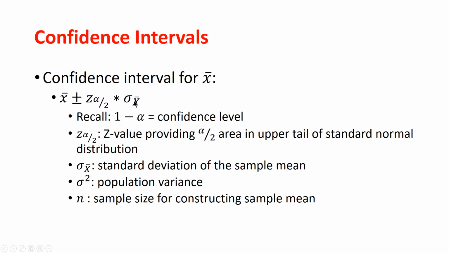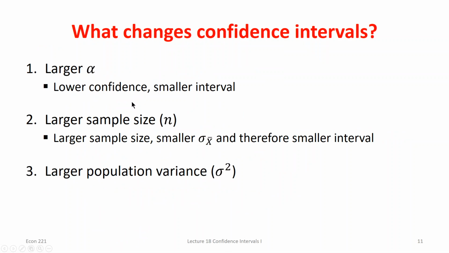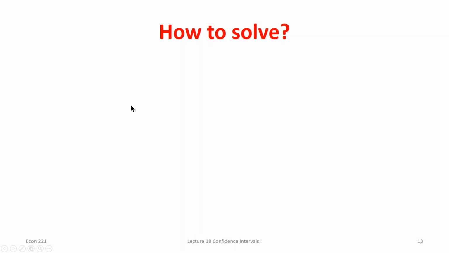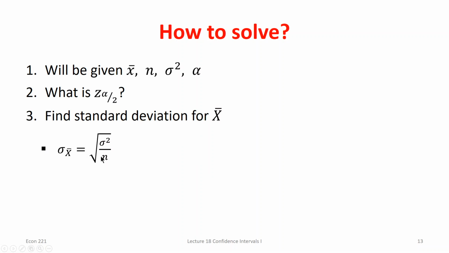Now, because we know that the sample size is in this equation, to calculate that standard deviation of my sample means, if my sample size goes up, what happens to the whole fraction? Well, if the sample size, or denominator, gets larger, this would go down.